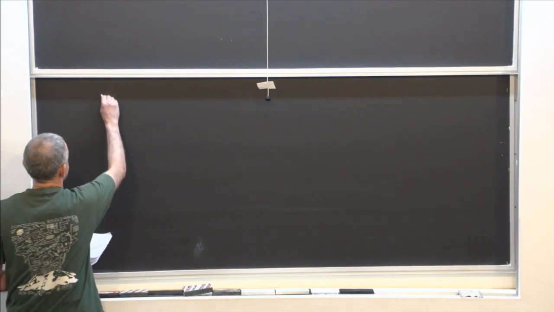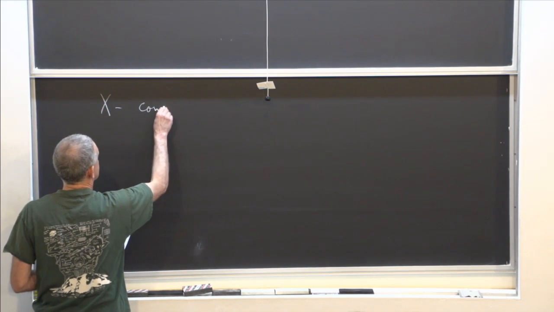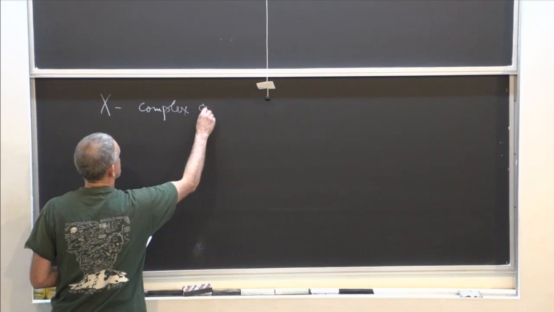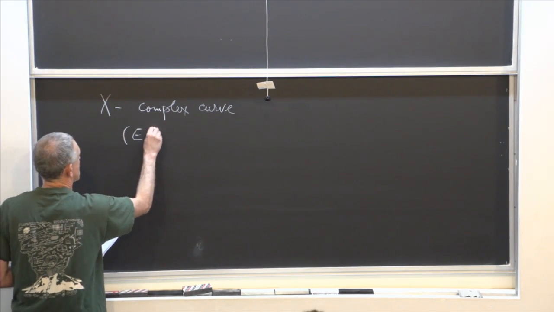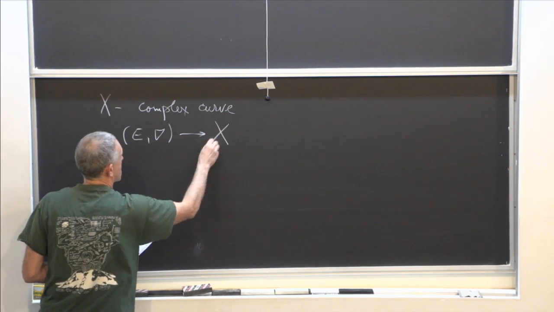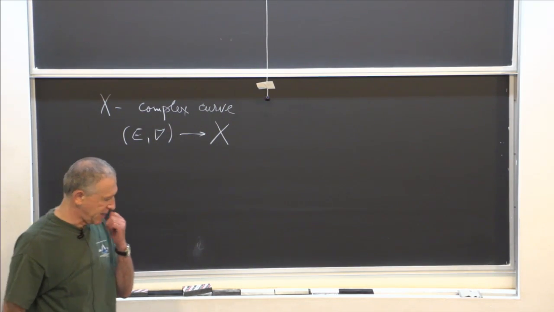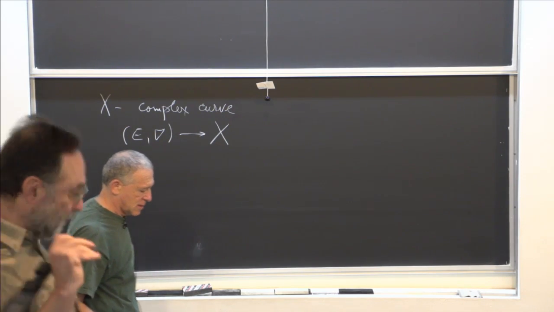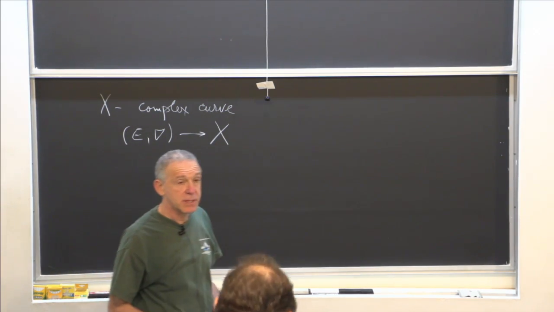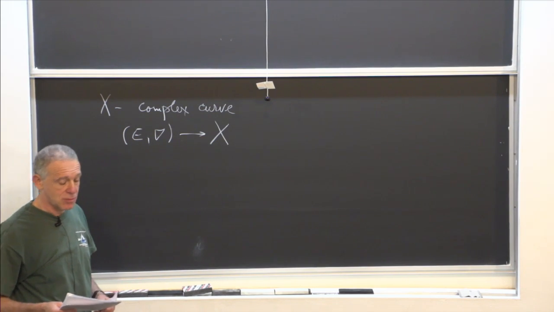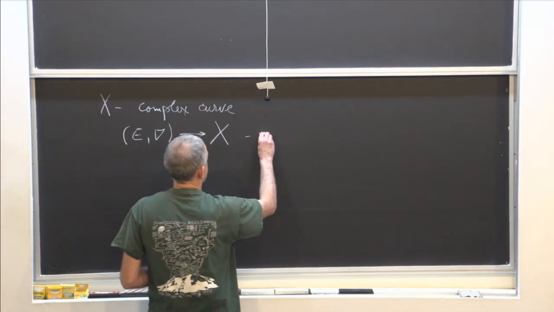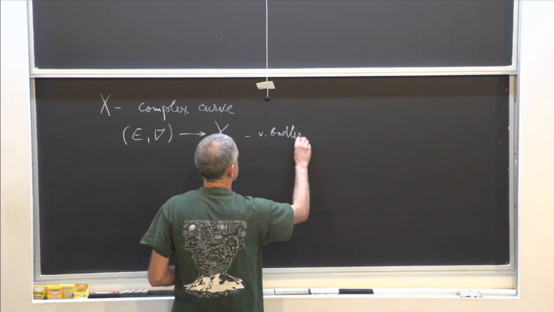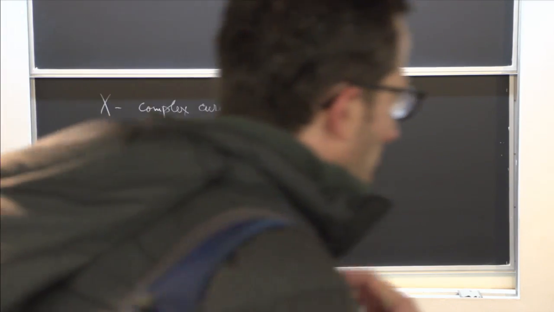So I recall to you that classically, if we start with a complex curve and we consider the category of vector bundles, in algebraic or analytic, or there are many possibilities for that, so it's vector bundles with connections, automatically flat.